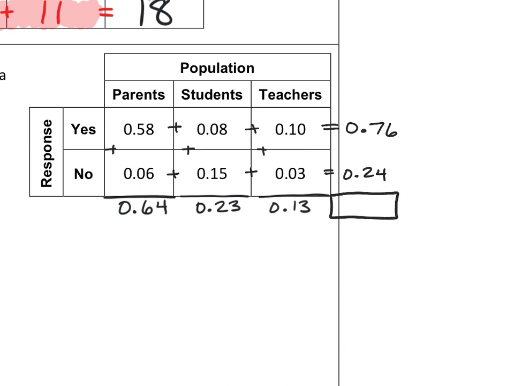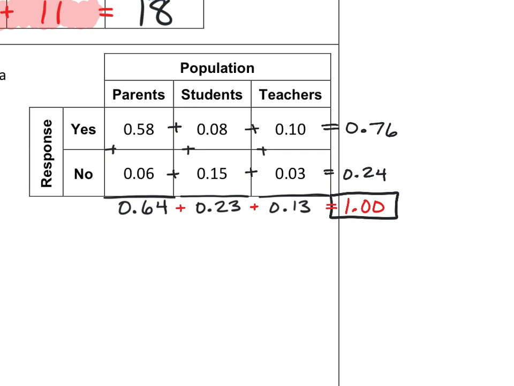So if we add up all of our row totals and column totals, meaning we're doing this, what is 0.64 plus 0.23 plus 0.13? 1.00, yeah?